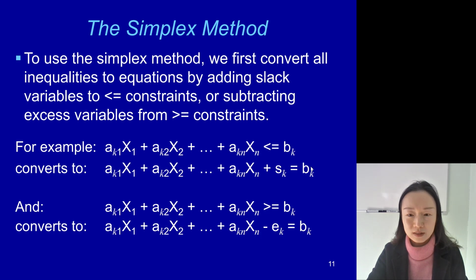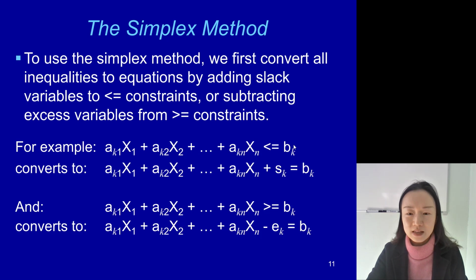If you think about it, by adding this slack variable, s_k, to convert this less than or equal to constraint to an equal to constraint, we are saying that as long as this slack variable is greater than or equal to 0, then this equation is the same as this inequality.